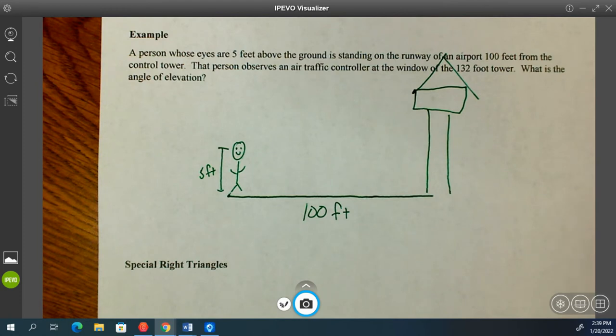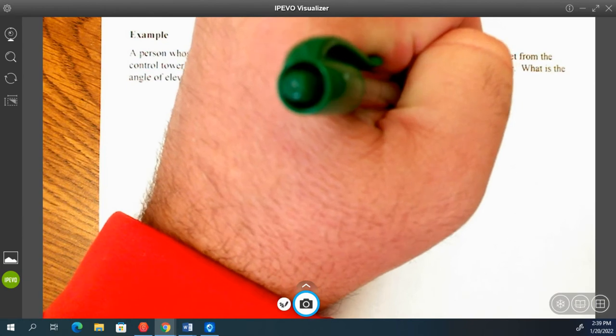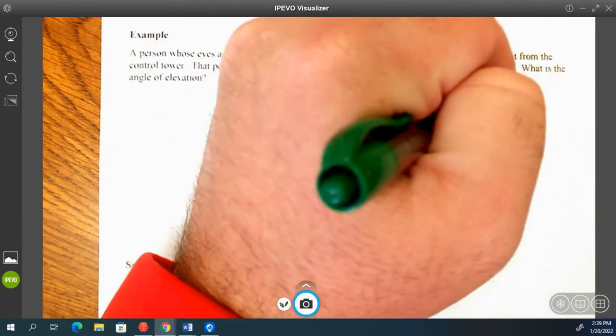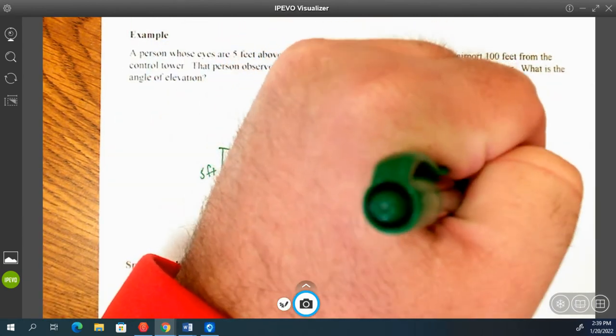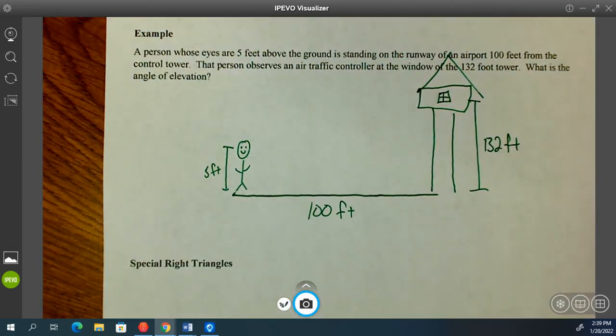That person observes an air traffic controller in the window of the 132-foot tower. What is the angle of elevation? So remember, yesterday when I was talking about angle of elevation or angle of depression, it always starts from your line of sight.